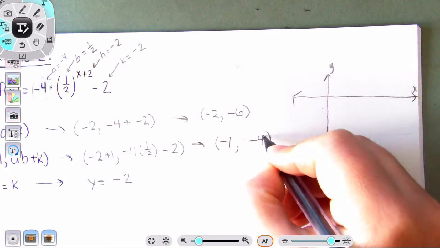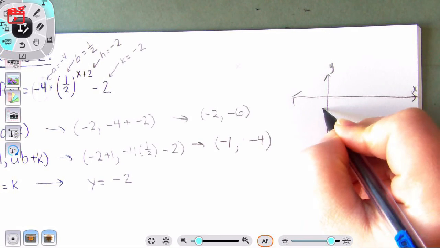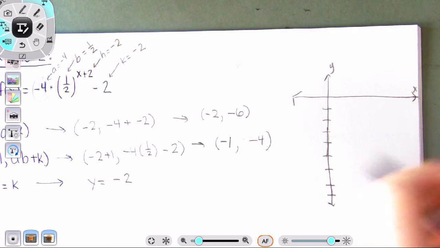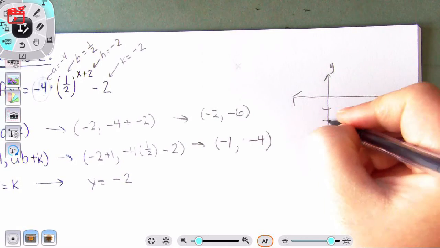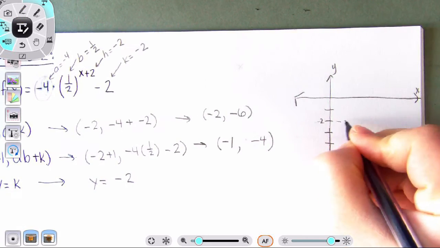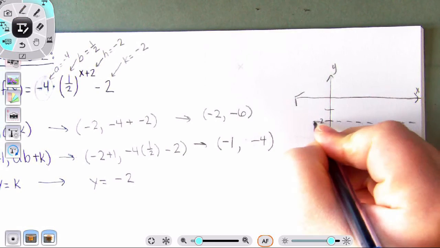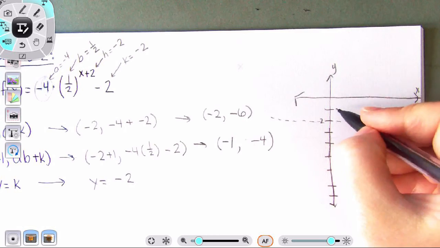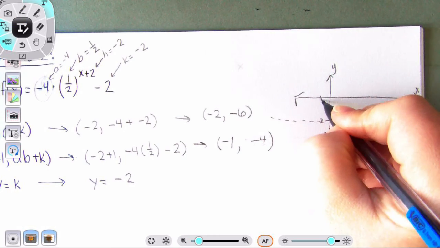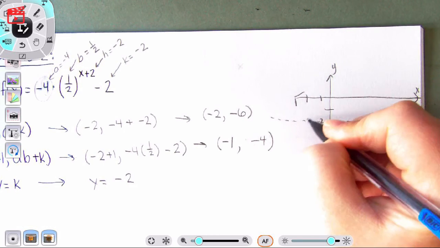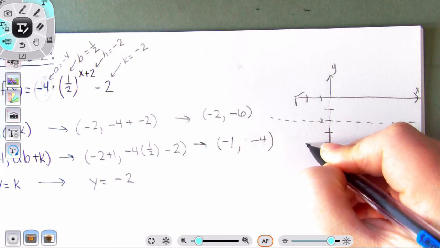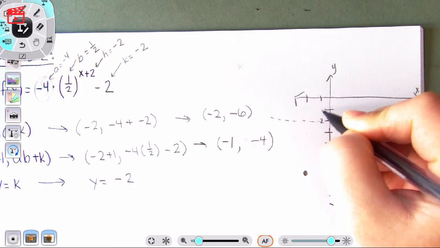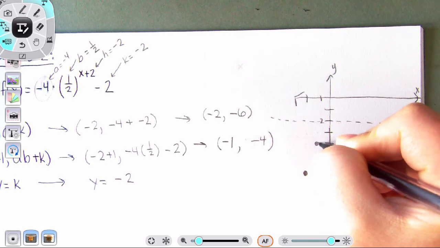Now I'm looking at my y value, so I need to go down to -6. So 1, 2, 3, 4, 5, 6. And I'm going to do 7, 8 just for good measure. So -2 is here, and I'm going to do my asymptote line. There it is. And then I'm going to sketch -2 and -6. And -1 and -4.